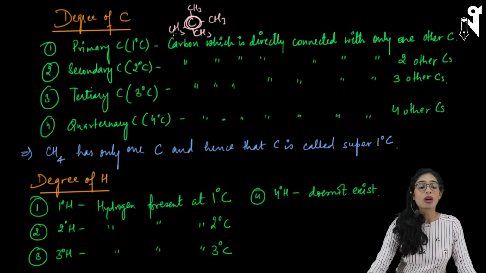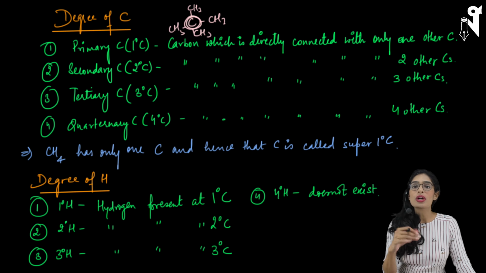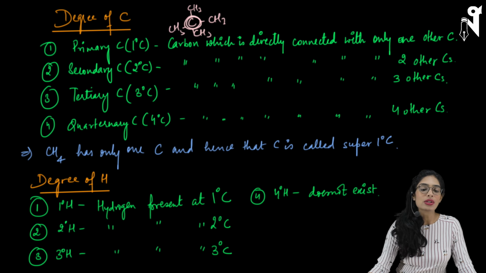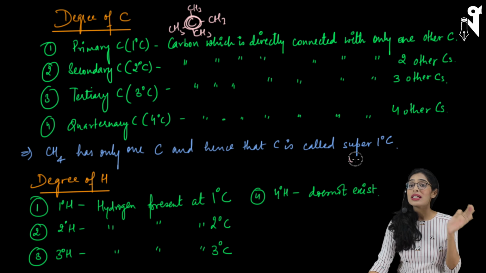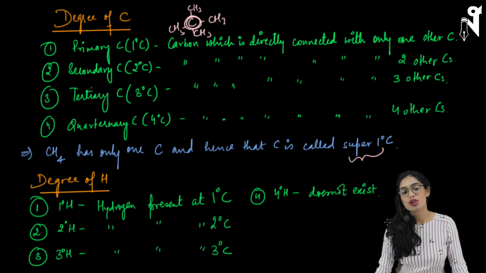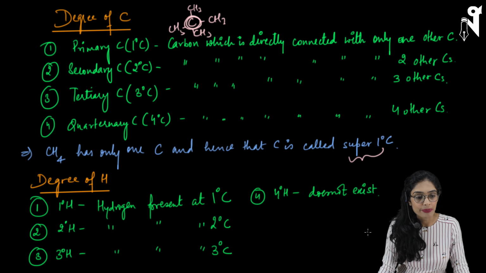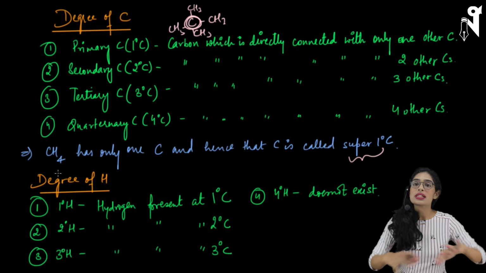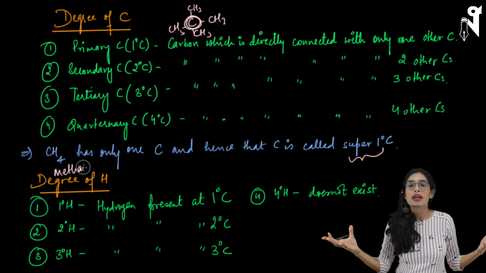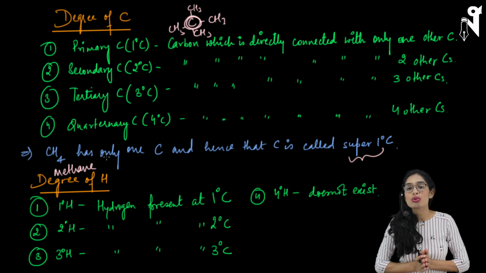In exactly a similar way we talk about the degree of hydrogen also. But before I move to the degree of hydrogen, let me tell you about one more type of carbon, that is called super primary carbon. That is not for multiple compounds, but it exists in only one compound, that is CH4, which is also called methane. In the case of methane, it doesn't have any carbons as a neighbor. All the 4 bonds are linked to hydrogen only.